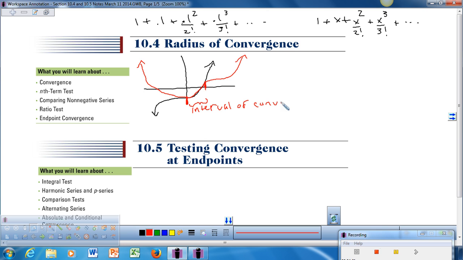And just so we are aware, we'll be referencing the radius of convergence a lot in this chapter, and the radius of convergence is half of the interval of convergence.